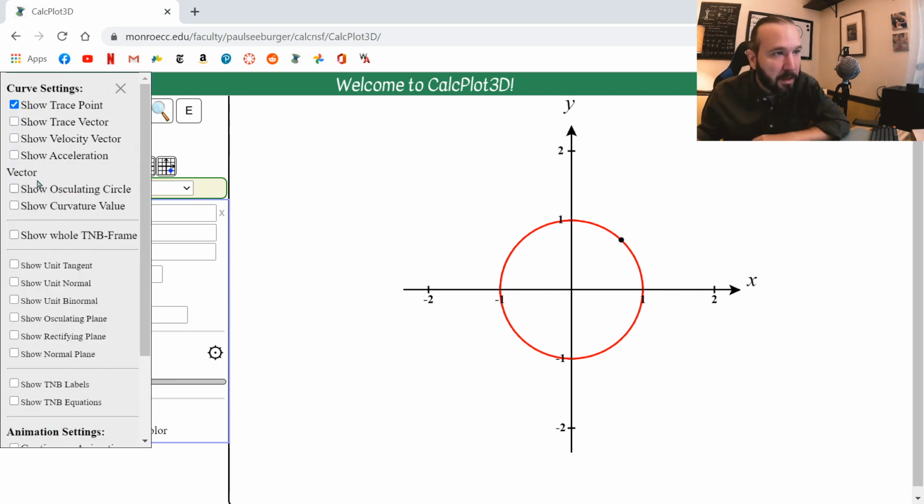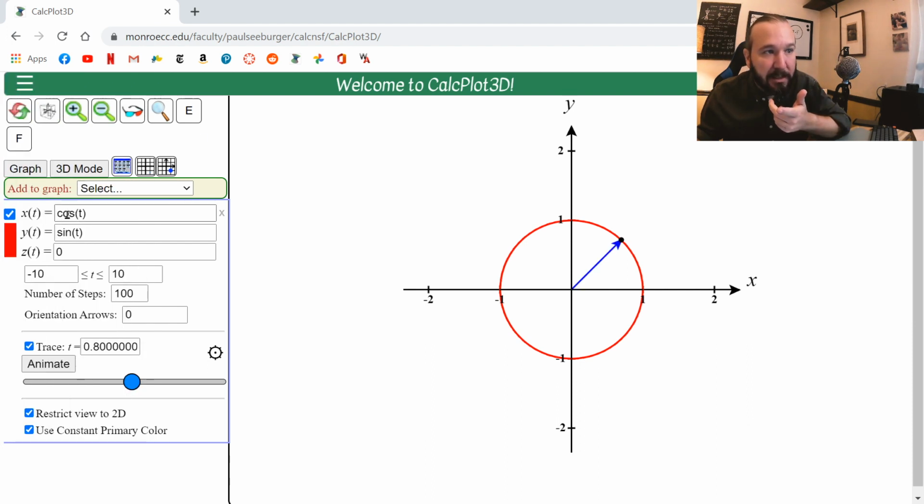So I'm going to show the trace vector. This is the vector that is pointing at the location of the particle. It's just plotting this vector, positive cosine, positive sine. You can see how this vector just goes outward from the origin towards the point and is always pointing at where that point is.